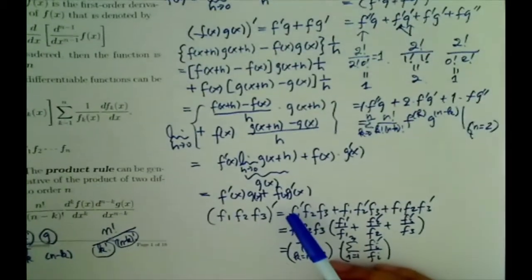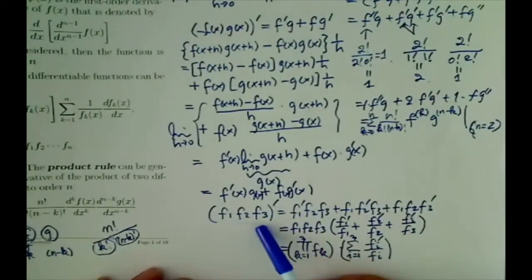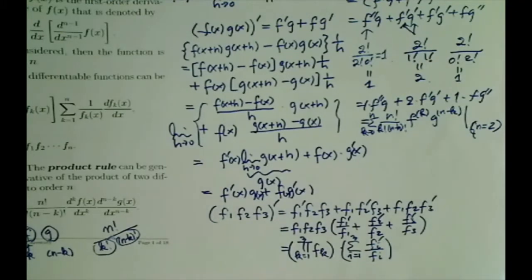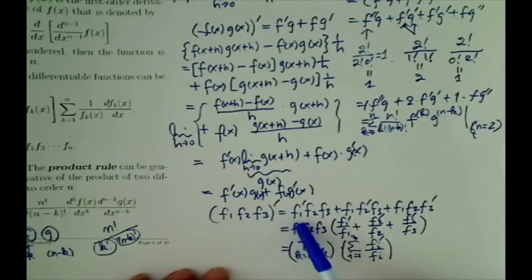This kind of product, we can apply the same method to the triple product of functions. You take the derivative one by one: first the first one, then the second one and the third one. Actually, the difference is that we have replaced a single factor by its own derivative. So it's better to factor f1, f2, f3 out.